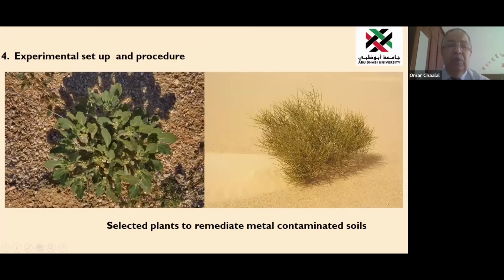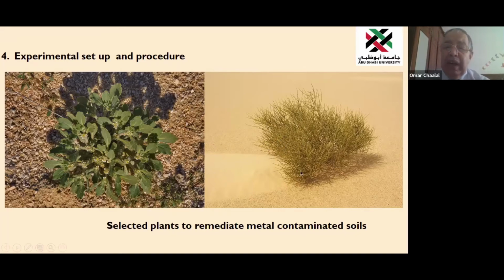Here are the two plants. This is plant X, and this is plant Y. These are growing in the desert. They can grow in any desert, and they grow in Qatar, in UAE, in Saudi Arabia, in North Africa, and these are also desert. So they don't need a lot of water.